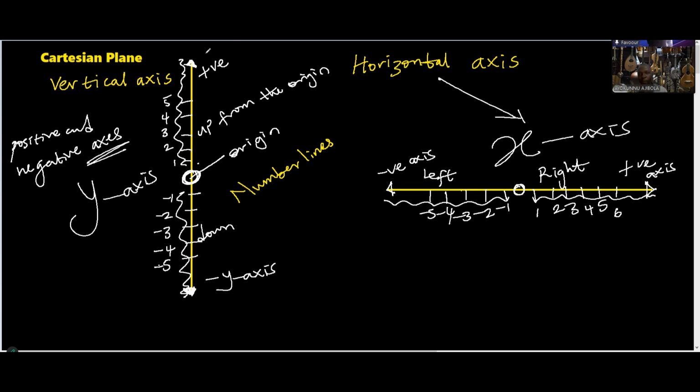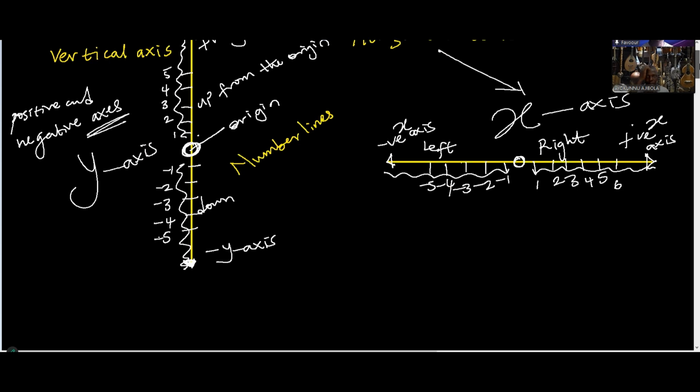If Y has a positive value, that is the positive Y axis. If X has a negative value, this is the negative X axis. And if X has a positive value, towards the right, this is the positive X axis. I'll still give you time to jot that down.